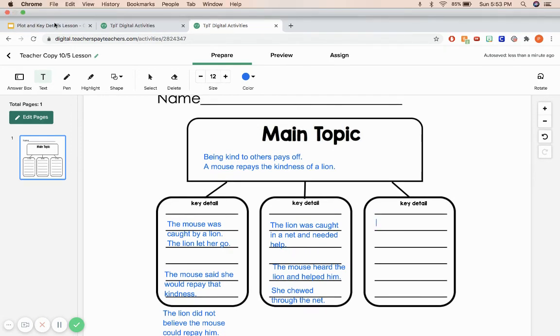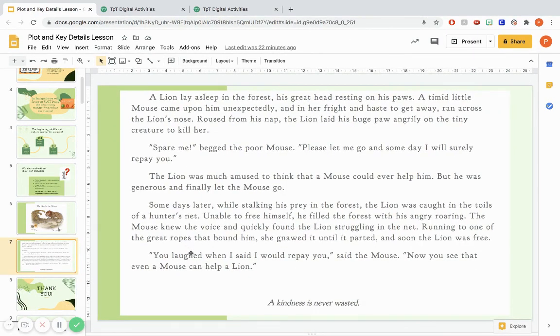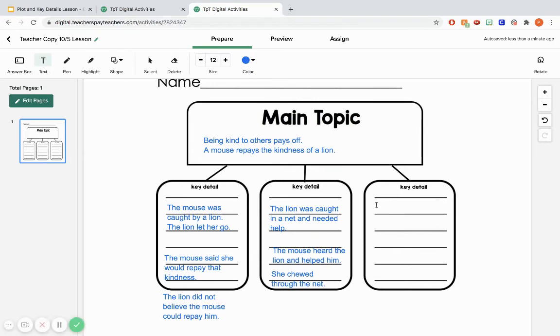Alrighty. So it came true. The mouse kept her promise to help the lion later.